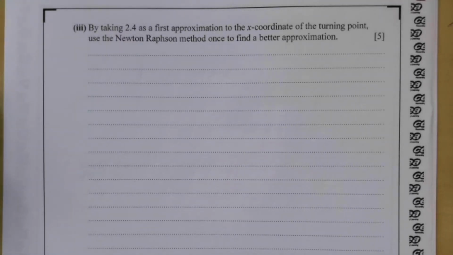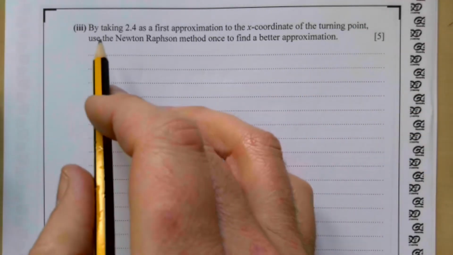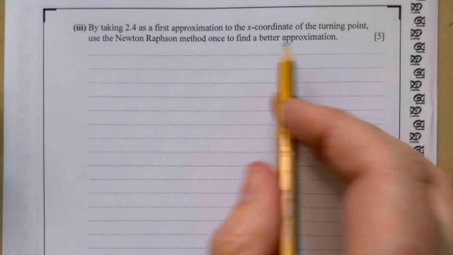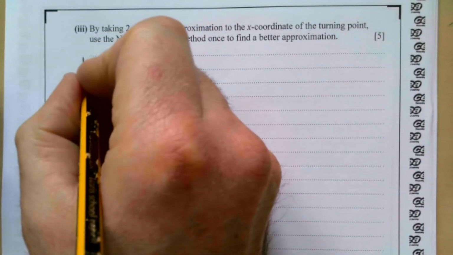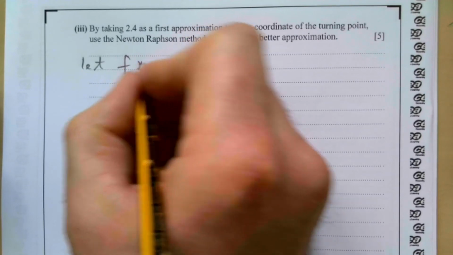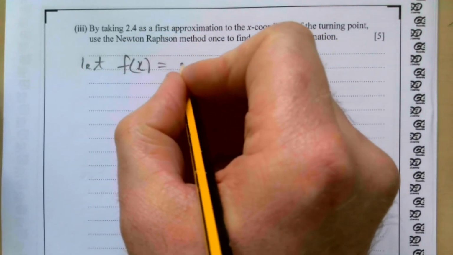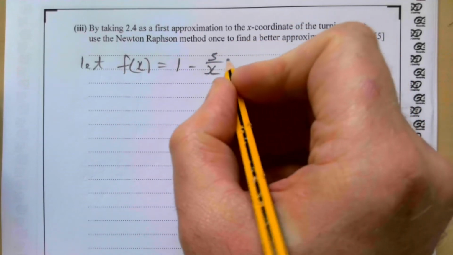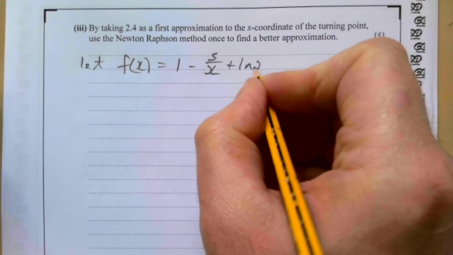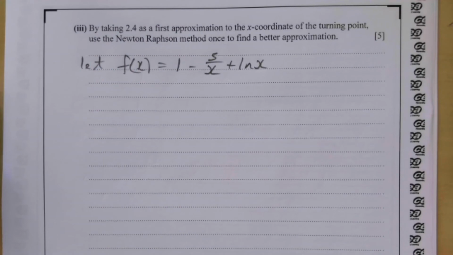Okay, by taking 2.4 as the first approximation to the x-coordinate of the turning point, use the Newton-Raphson method once to find a better approximation. So we need to differentiate this again. We're going to let our f of x equal the dy by dx bit, so 1 minus 5 over x plus ln x.